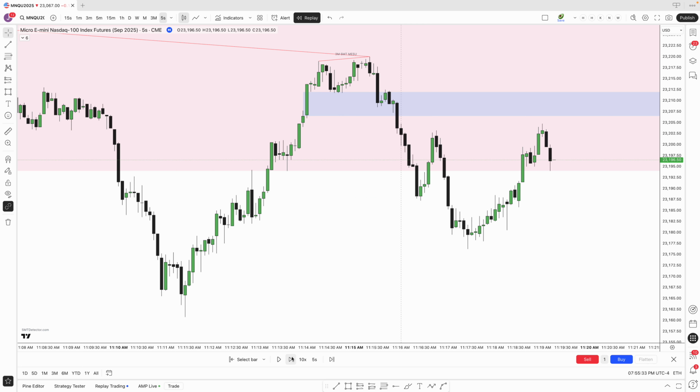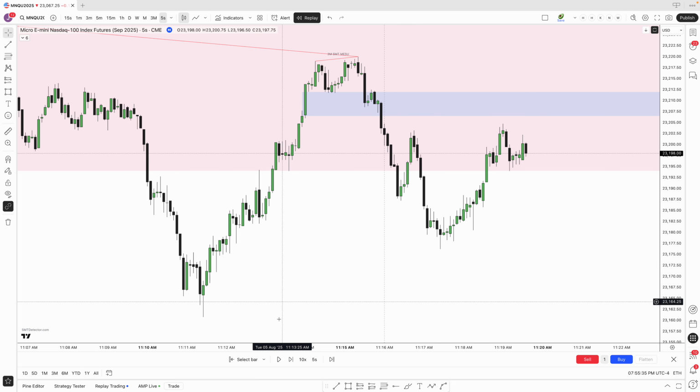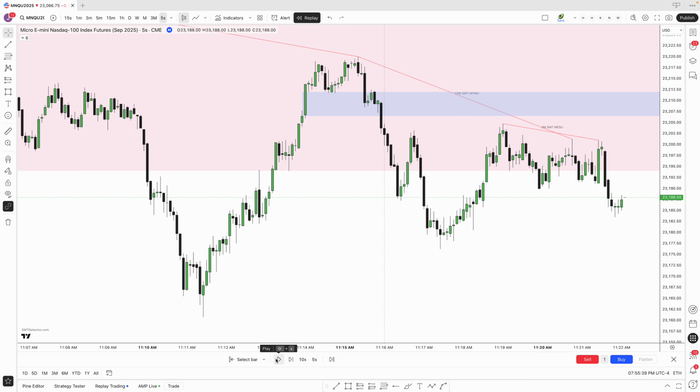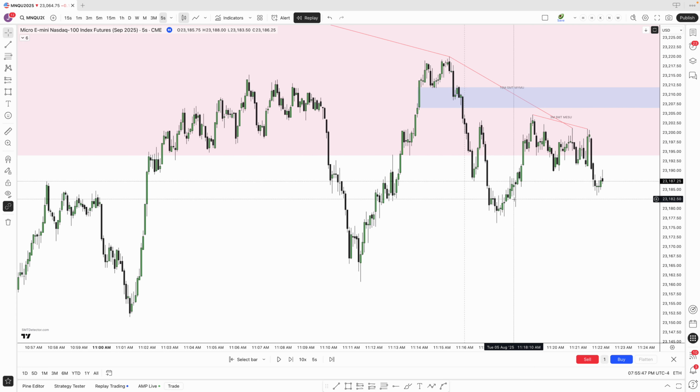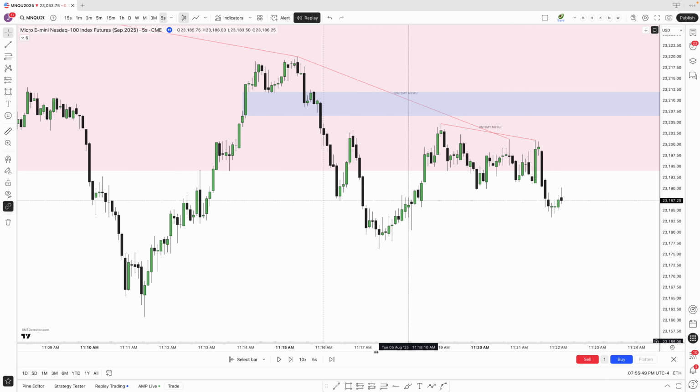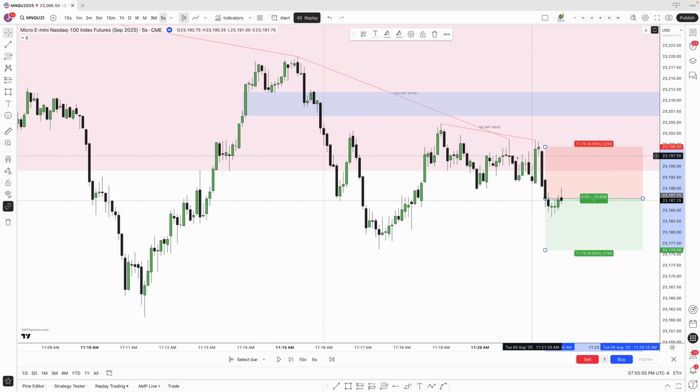So let's play this out. We end up getting an SMT here with ES, and then it sells off. So at this point is when I entered. I took a short right around here.